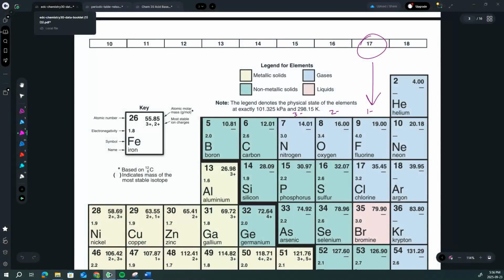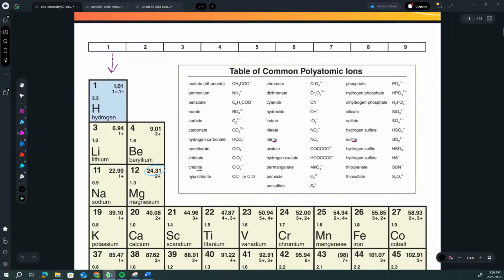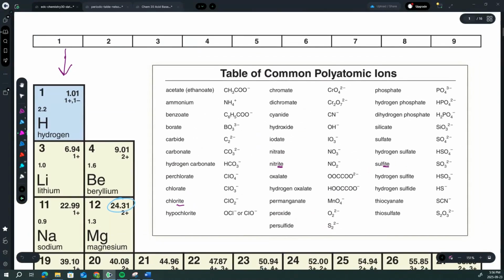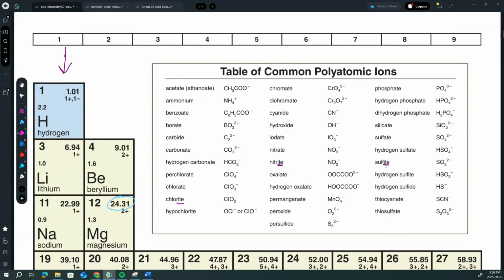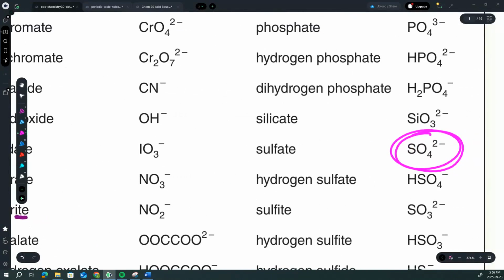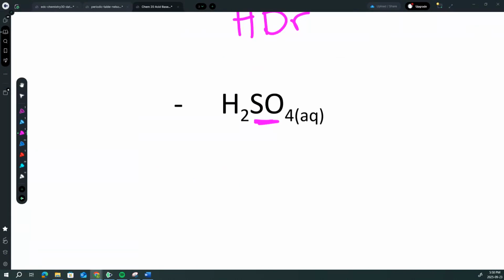If we go to our periodic table, find the list of polyatomic ions, we can find this ion right here, and it's called sulfate. So if it ends in ate, then you need to remember I ate something icky. So we're going to change the ending of the name to ic acid. So let's write this out, sulfate.